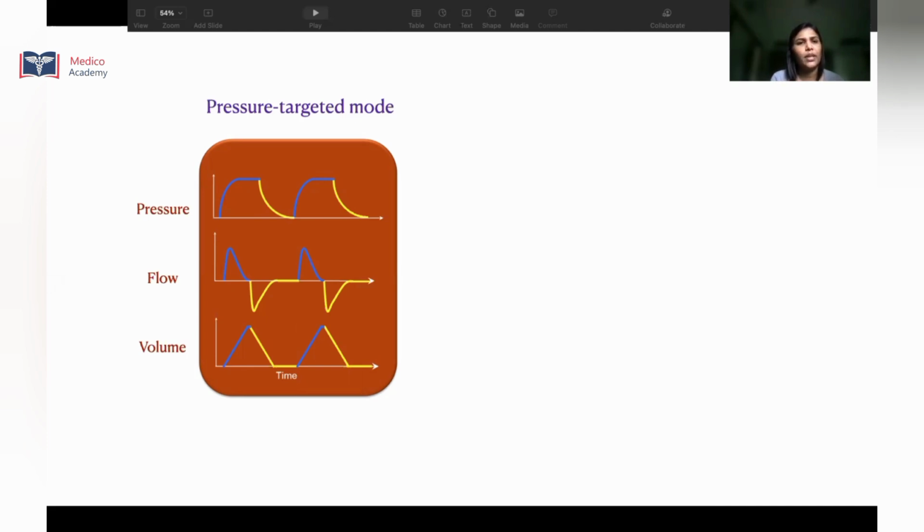So whatever be the ventilator, whatever be the compliance, the patient will receive a mechanical ventilator breath at a particular pressure. So in such modes, we have no control over the volume that is being delivered. So this can result in volume trauma, resulting in pneumothorax.